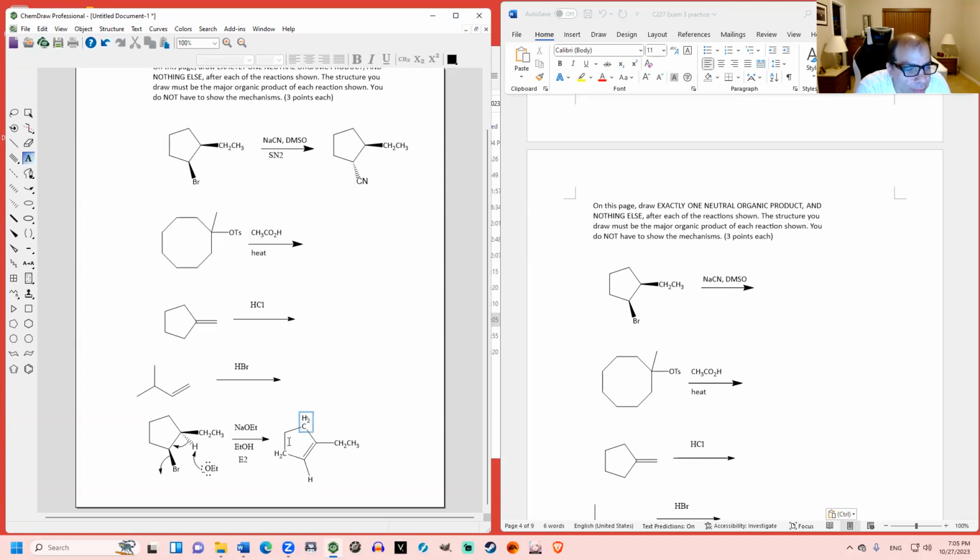I'm trying to show that this whole portion of the molecule, this carbon here, this hydrogen here, this carbon here, and this carbon here, as well as the two alkene carbons, all lie in the same plane.